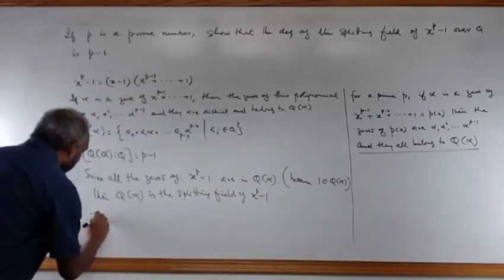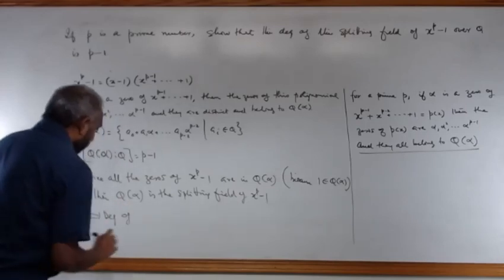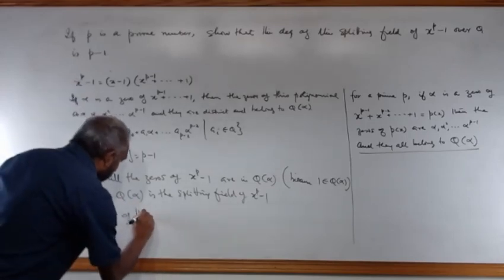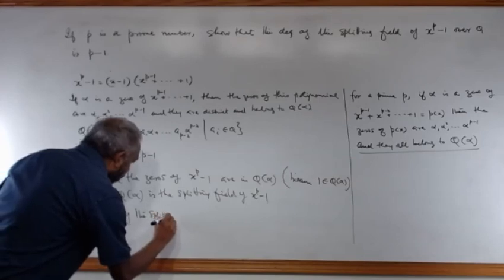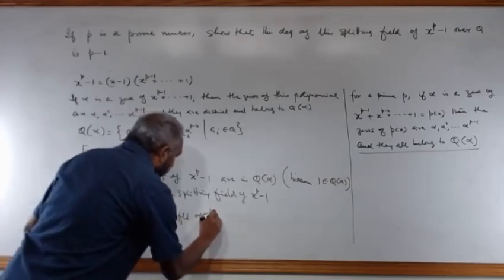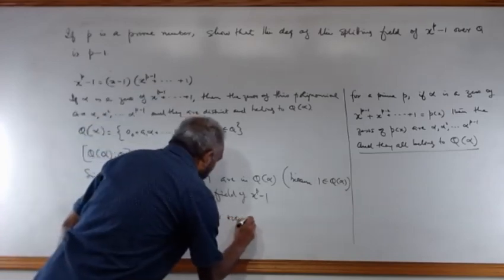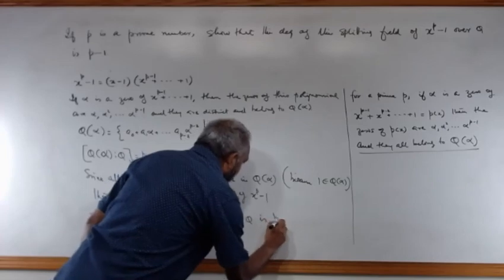So the degree of the splitting field of x to the power of p minus 1 over Q is p minus 1.